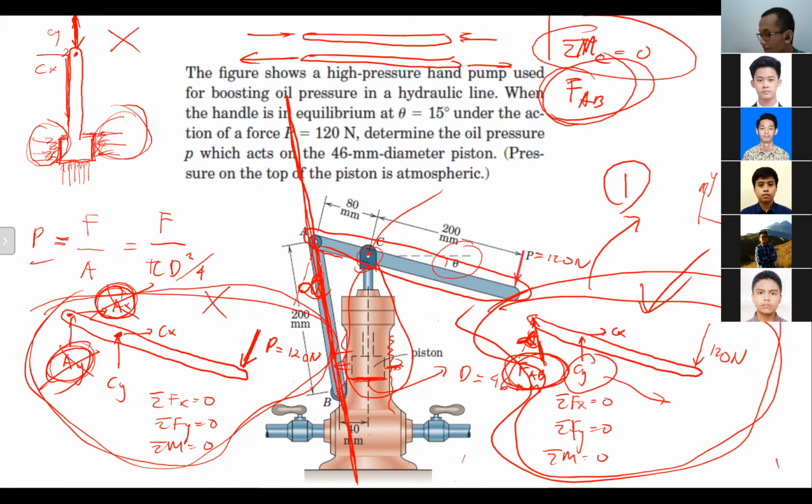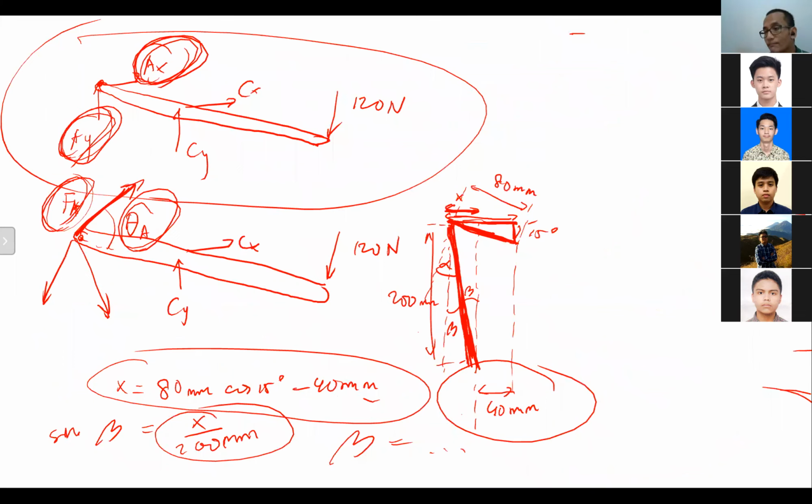Okay, thank you, sir. Any other question about this? So, sir, do we use beta as a means to find alpha? We can use beta as a means to find alpha as well.